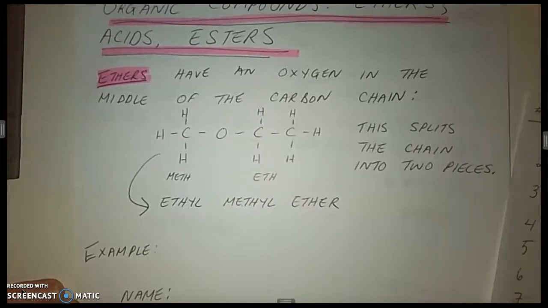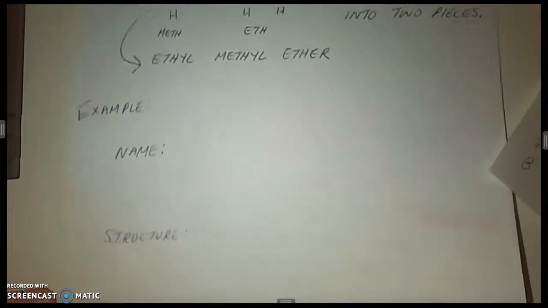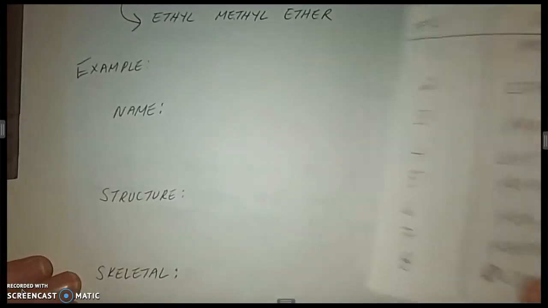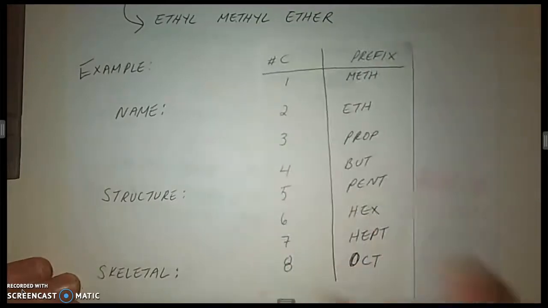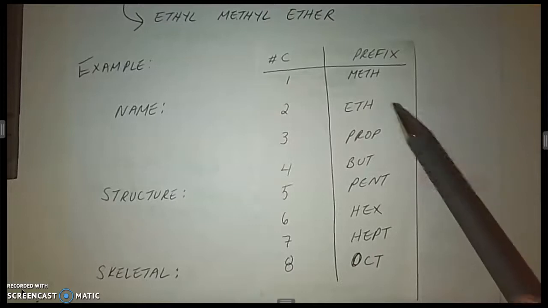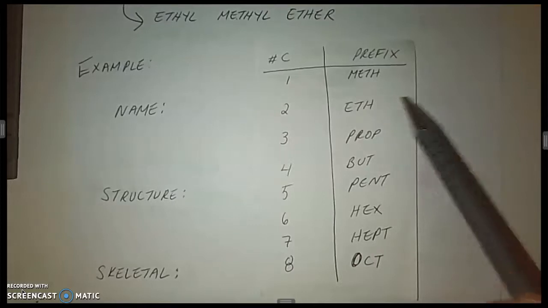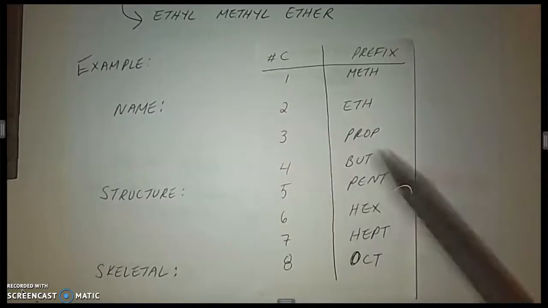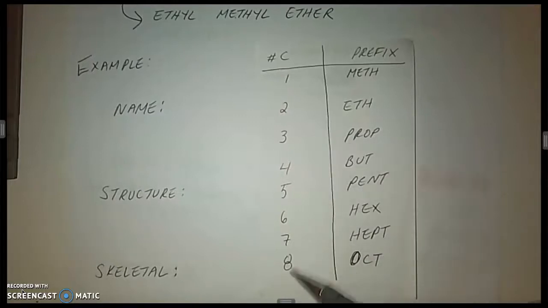If I wanted to make up a new example of an ether, which I'm going to do down here, this is sort of free reign. I can choose whatever I want. So I know that I need two parts of my chain. So I can pick any two sizes of chains I want. I'm going to kind of limit myself to 8 because I don't want to have to draw anything super huge.